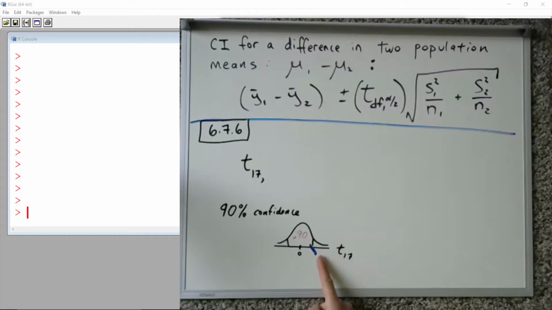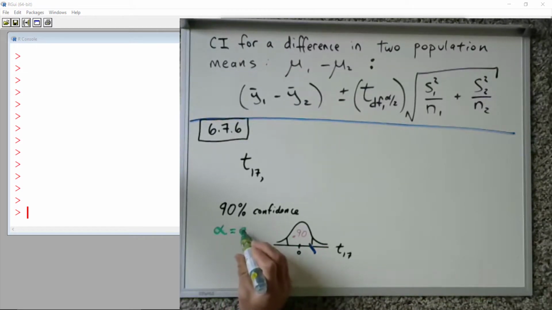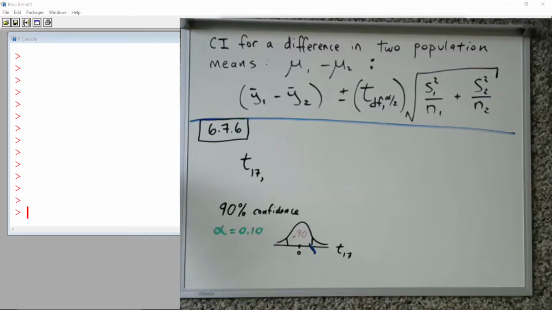What is the area to the right of that tick mark? Well, alpha is the complement, right? 0.10. So 0.10 is the area in the tails. But there's two tails, symmetric. So in each of those little regions here, I'll do green to match, is 0.05.